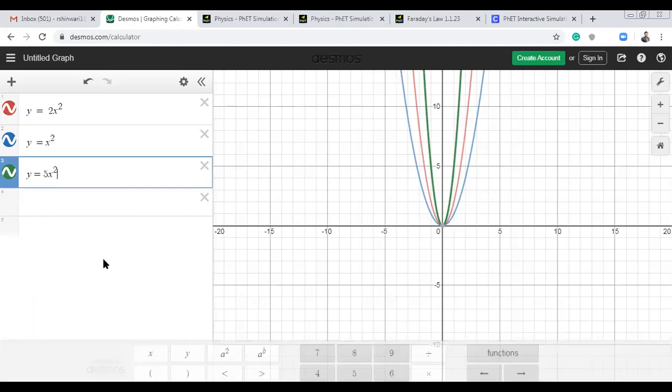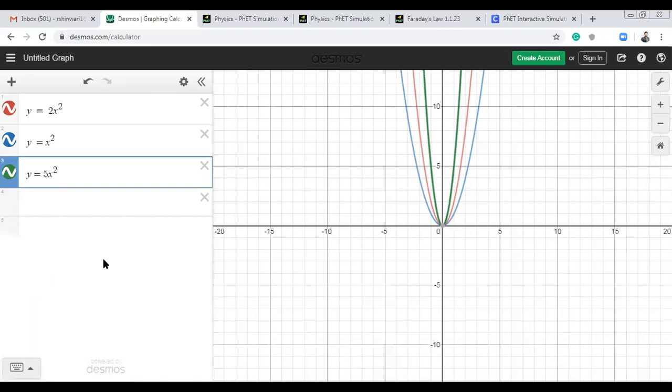Stretch or shrink? Great. So when you multiply a function with a number 2, 3, 4, it means you are shrinking the graph.